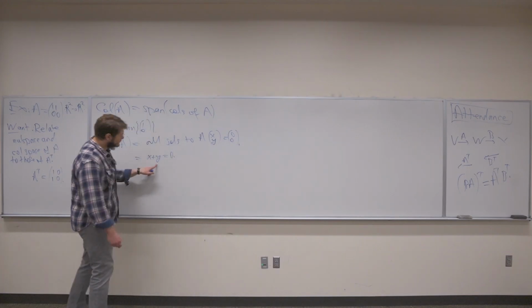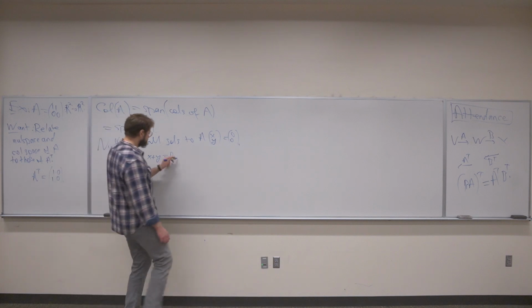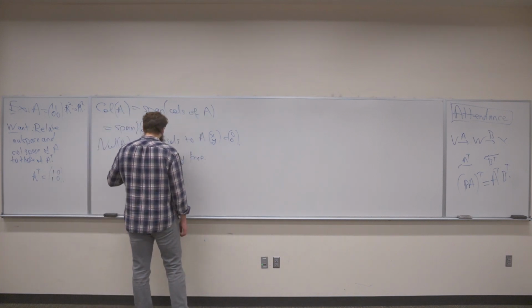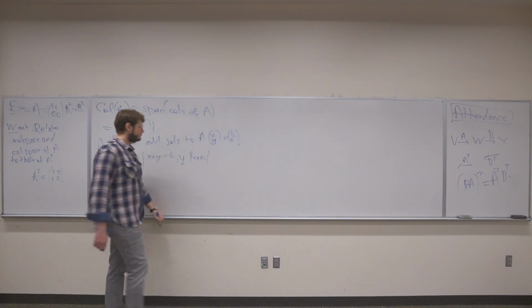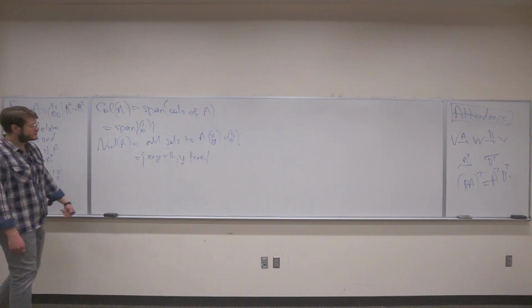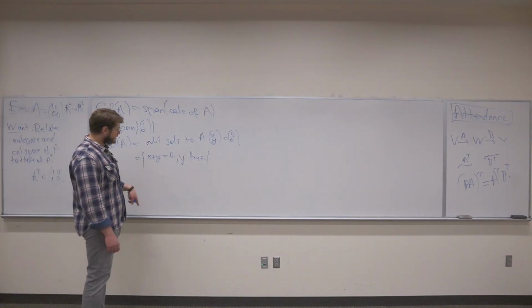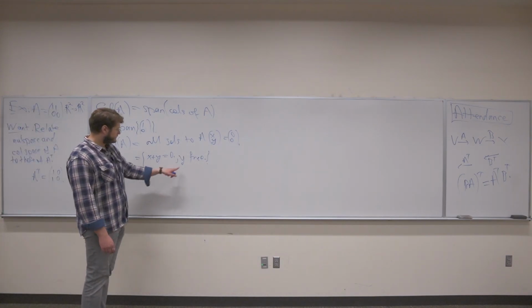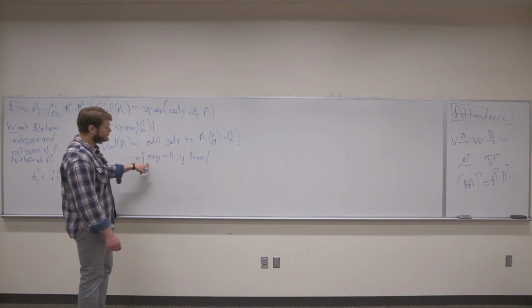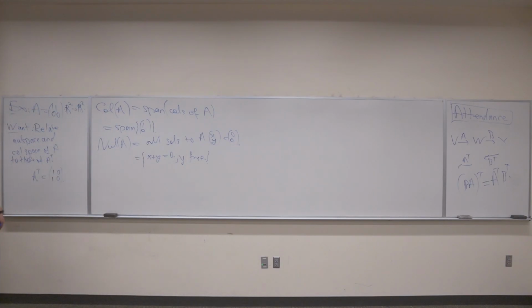And maybe if I want, I can say y free. If I want, I can think of this as a span as well, just so that they have a basis. So if I were to, for instance, fix y to be, say, 1, then x would be minus 1.